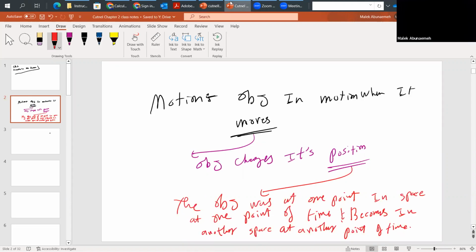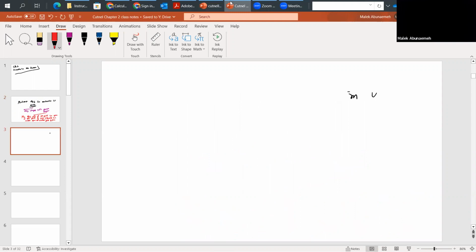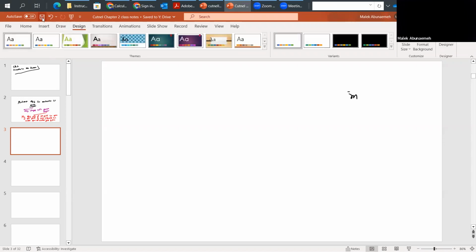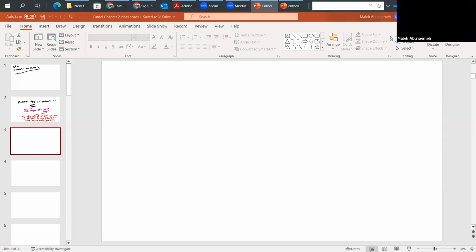Now, usually when I actually move or travel, I usually like to take my car. Once we define motion, how do you usually move? When I go to work or to school or whatever, I usually take my car.